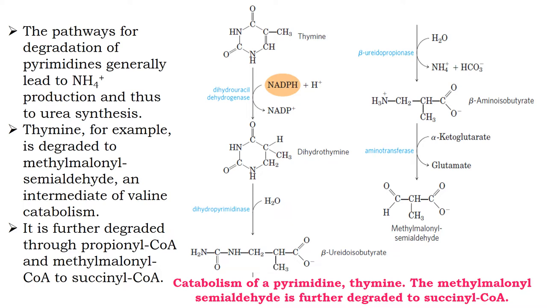Even valine has this intermediate. It is further degraded through propionyl CoA and methylmalonyl CoA to succinyl CoA. This succinyl CoA can enter the Krebs cycle. So we know that one product can be catabolized and the intermediates can be shunted to the remaining metabolisms. Through valine catabolism we get this methylmalonyl semialdehyde.